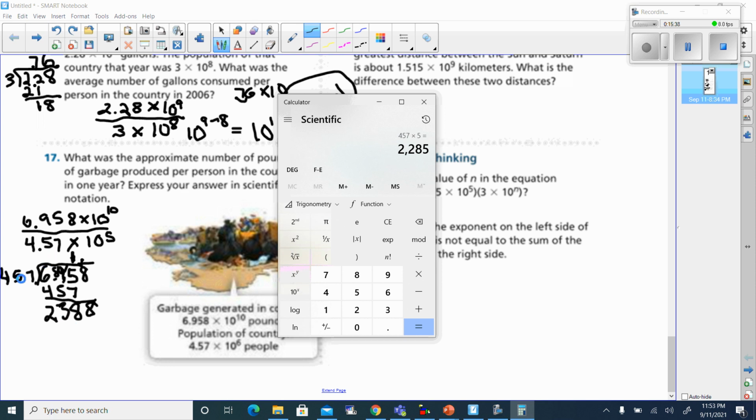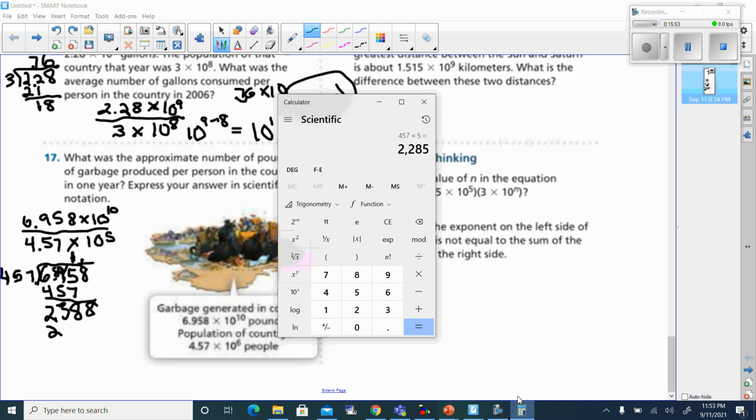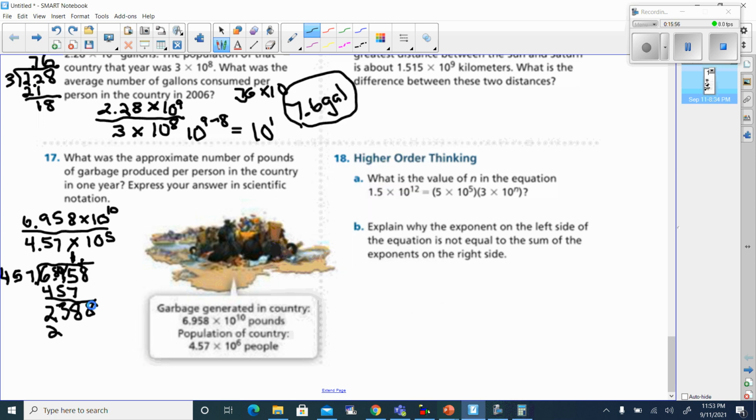So we're going to have to take 457, multiply it by 5, and that's going to give us 2285. And that was 5 that we multiplied it by. So we're already at 1.5. And now we subtract this.